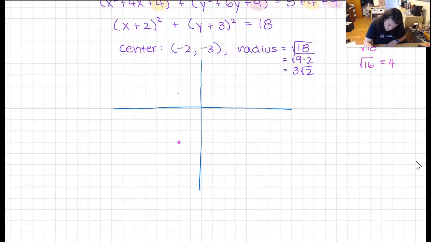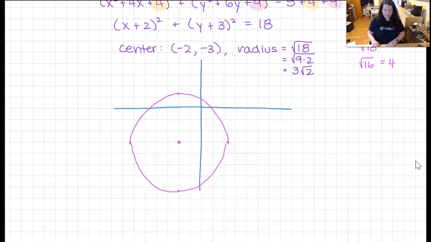So a little bit more than 4 up, a little bit more than 4 down, a little bit more than 4 left, a little bit more than 4 right, and just draw your circle. Oops. And there you go. Oh, it's a crummy circle, but you get the idea.